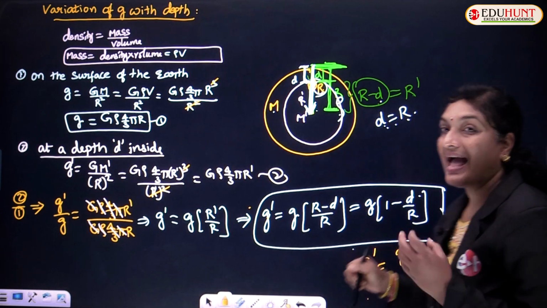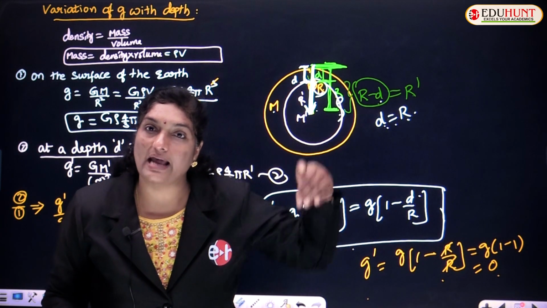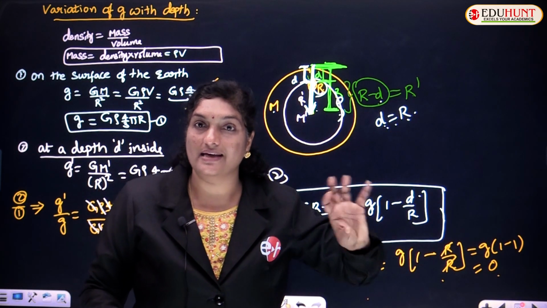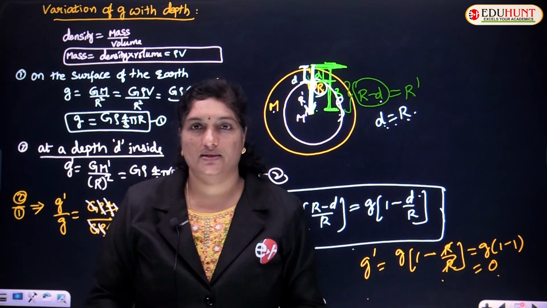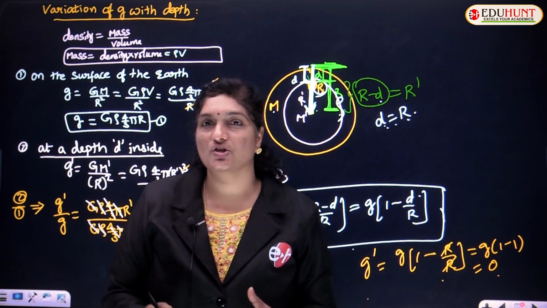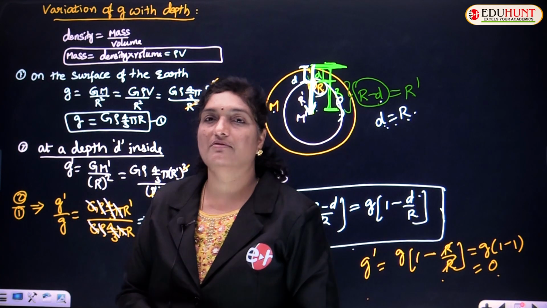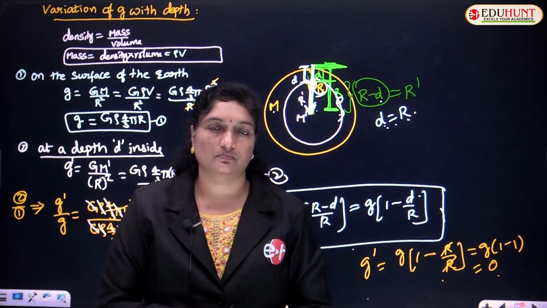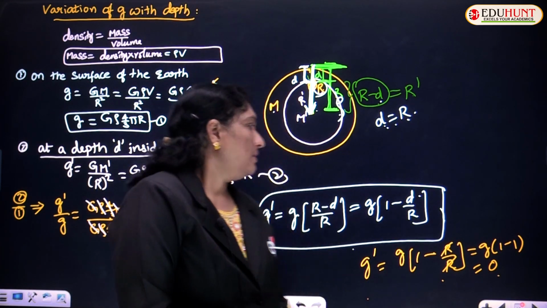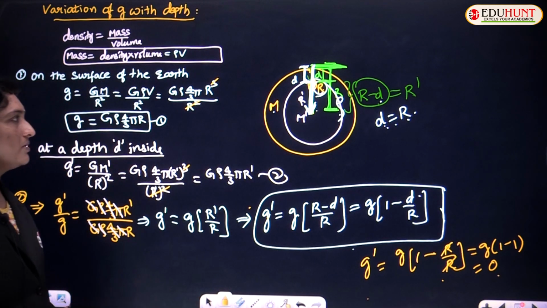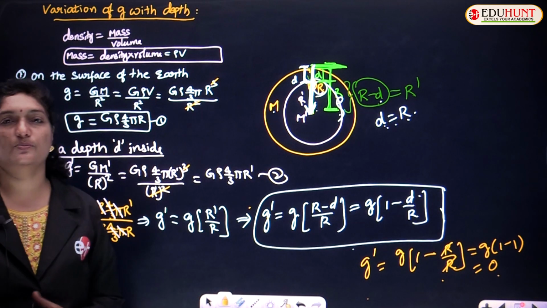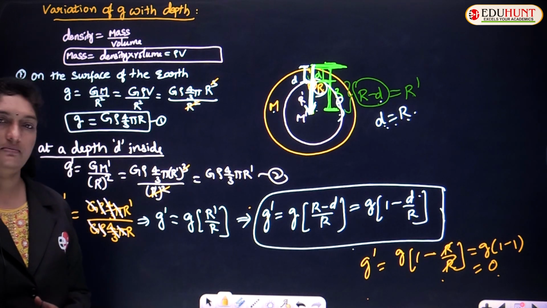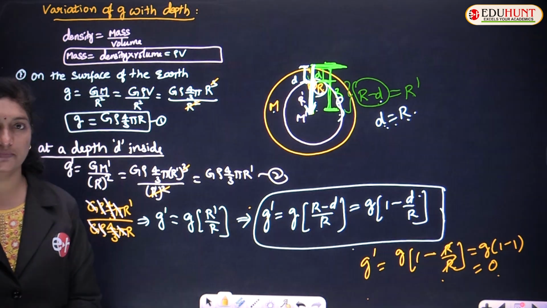So, the acceleration due to gravity at the depth deeper inside the earth, at the center of the earth, is 0. So, acceleration due to gravity at the center of the earth is found to be 0. Clear, children? So, this is all about the variation of acceleration due to gravity with respect to depth, height as well as others.